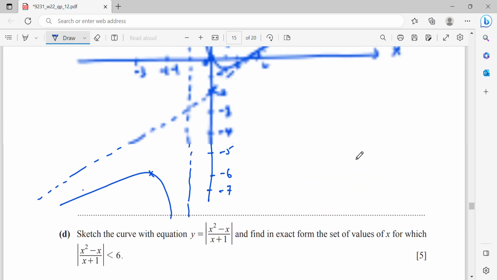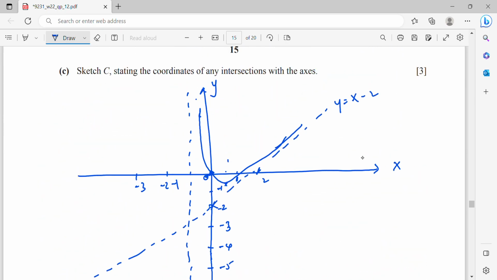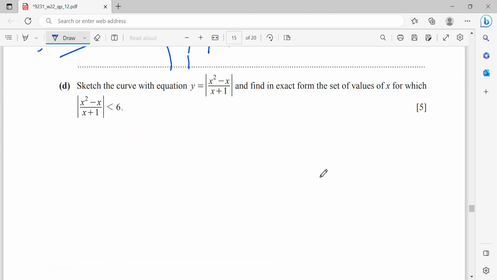When you sketch, make sure you label the graph as well. So this is x squared minus x over x plus 1. Okay, so now, next, sketch a graph and find this. Now the graph is with absolute sign, and find in exact form the set of x for which the magnitude, or the absolute value, is less than 6.